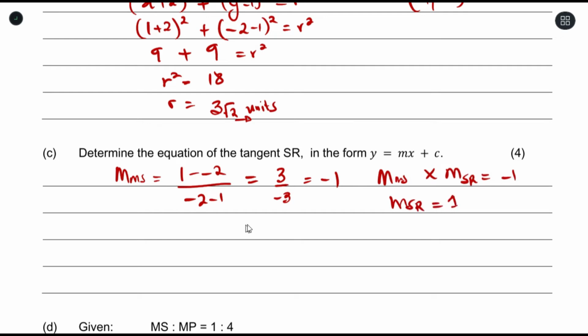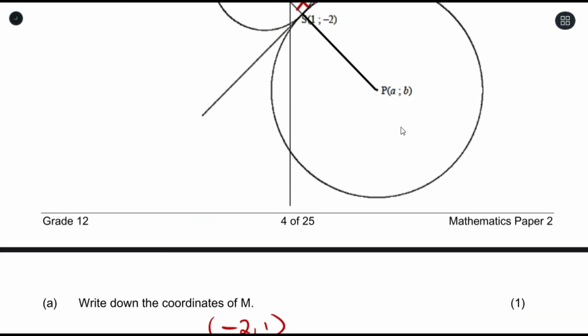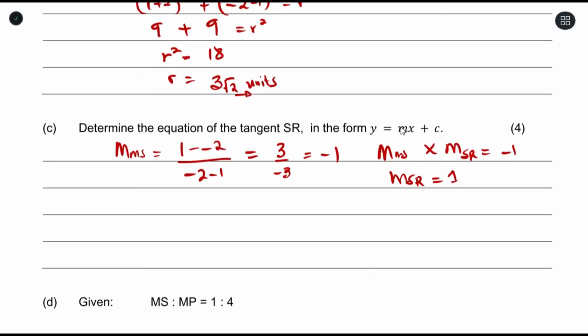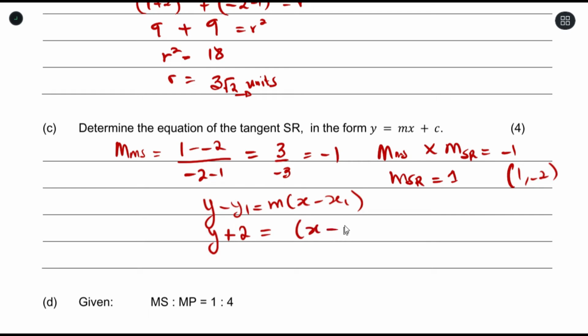We can substitute this gradient and the coordinate of S, which is (1, -2), into our straight line equation. So the equation of our tangent will be y = x - 3.